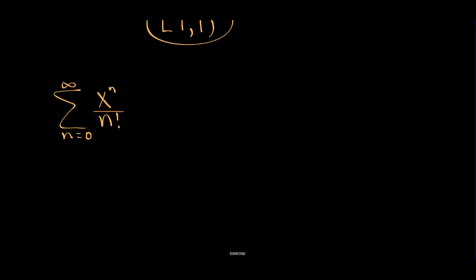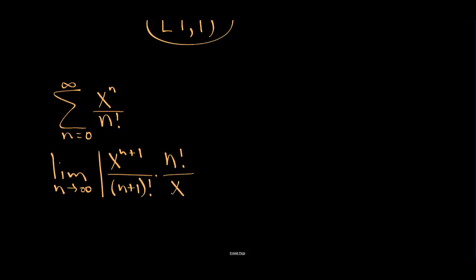Now, if you look at this one and we do the ratio test. Okay, so here we go. We've got x to the n plus 1 over n plus 1 factorial. And then up here, n factorial, x to the n. Now, simplifying gives us something where we can probably take the limit.